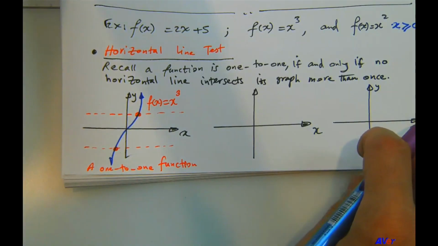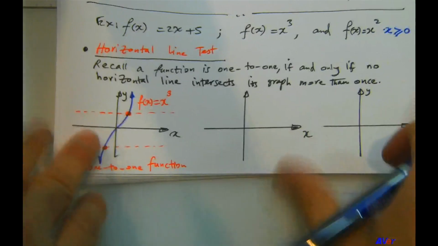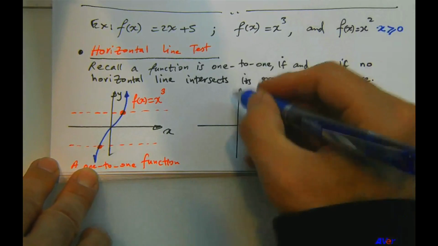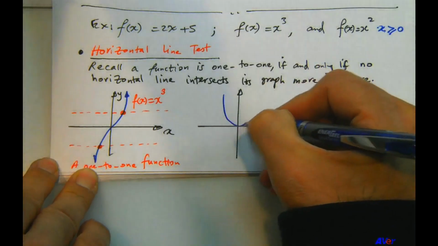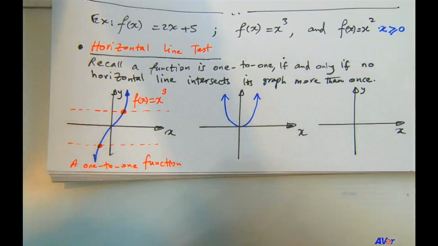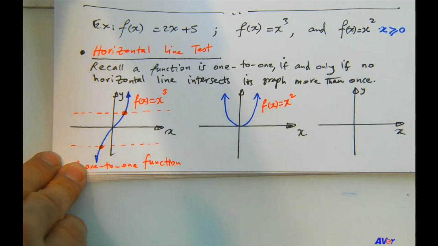Okay, so let's take the basic quadratic function, which has a graph like this. Right, x squared.